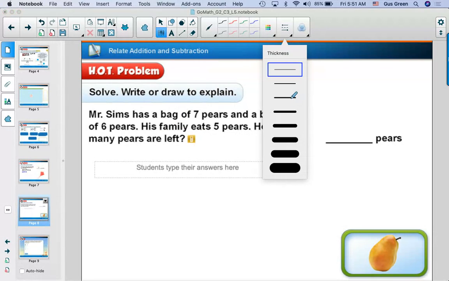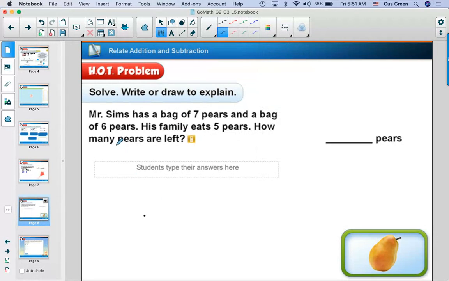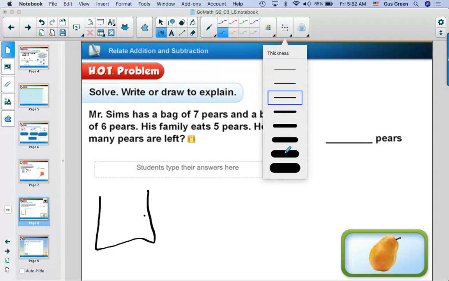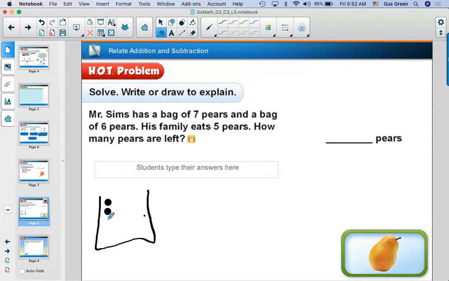I'll make my marker a little bit thicker. All right, so we know he has a bag with 7 pears. And I'm just going to draw a bag by doing just a big empty square. Here's a bag, and there's 7 pears inside there. So let's do the dots for the pears. 1, 2, 3, 4, 5, 6, 7.